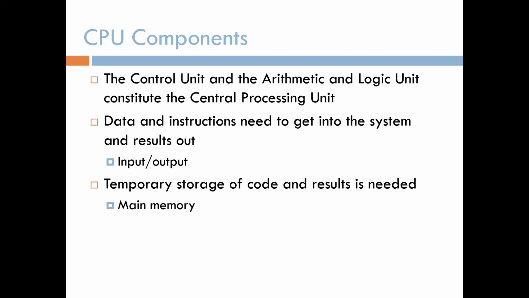And then, finally, the CPU itself would require some bit of temporary storage of code and results and so on, and that's within the main memory as well. So all of these components made up the computer.